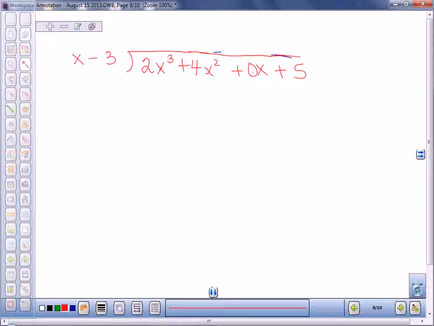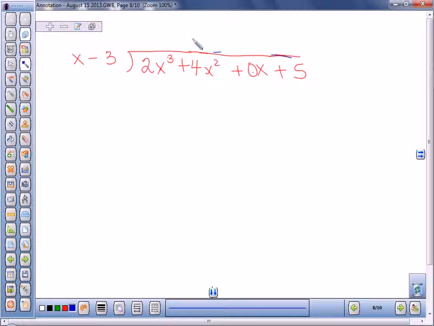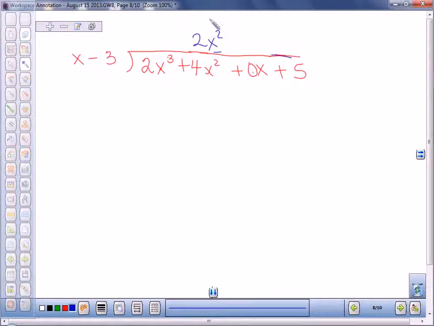Okay, so 2x cubed divided by x. What does that give us? 2x squared. Okay, so you guys go ahead and give me that first line. Good.